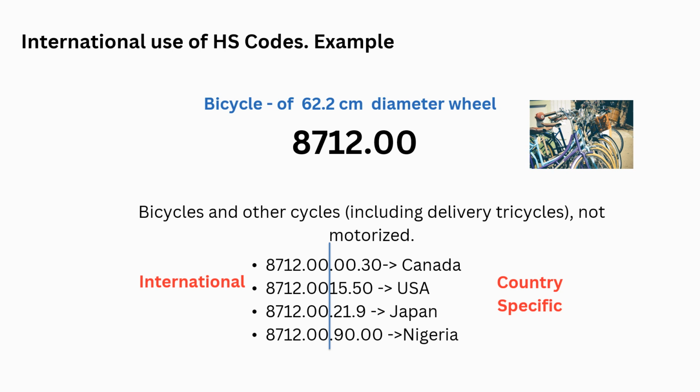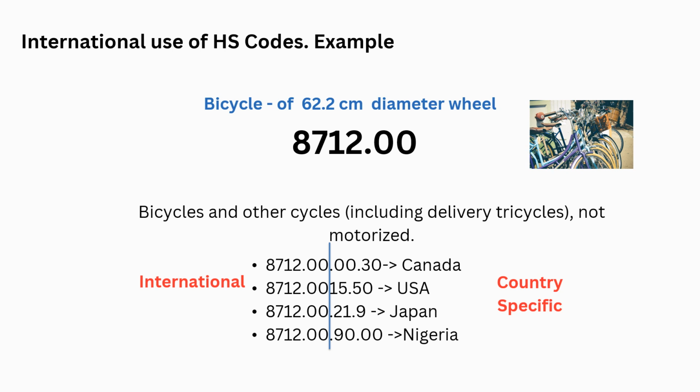Let's put an example. If we want to bring a bicycle, and in this material you'll see a lot of reference to bicycles and tricycles and things like that. If I'm going to bring a bicycle, I would classify it under 871200. That is dependent on the diameter of the wheel.